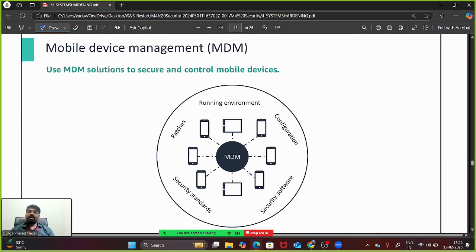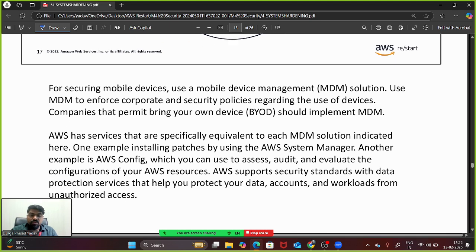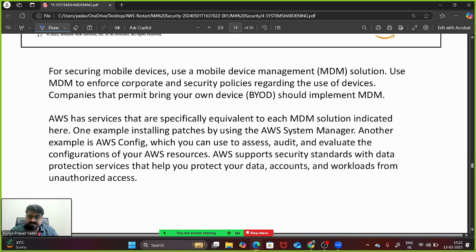In the same way we do have MDM, which is mobile device management. It is also one system which we should know how to secure. Some companies also allow bring your own device.